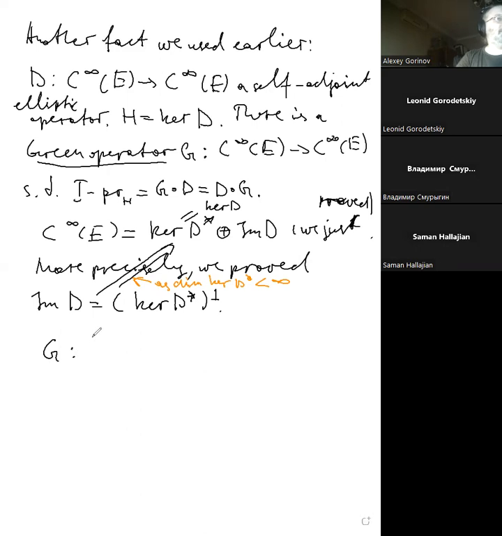And so I define the operator G as follows.